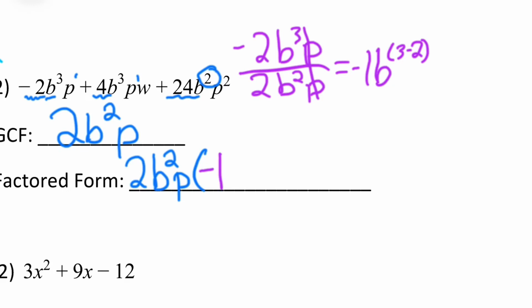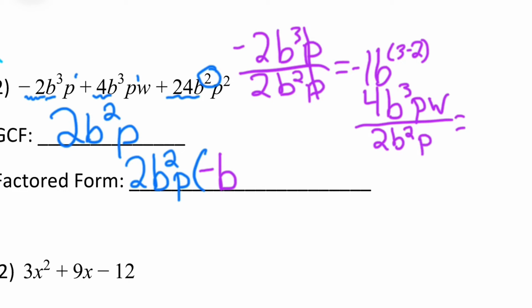So in my factored form, I have negative, and I don't have to put the 1 because multiplying by that 1 does not matter. I do need that negative. And then 3 minus 2 is 1, don't have to put it. Then we have 4b to the third times p times w, divided by our GCF.